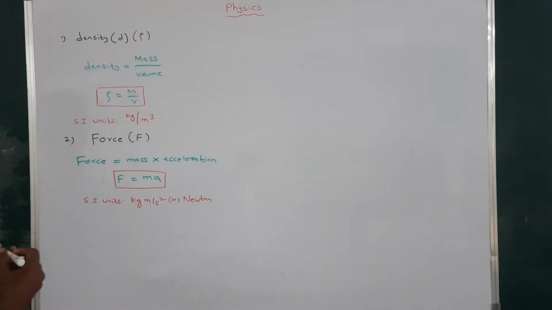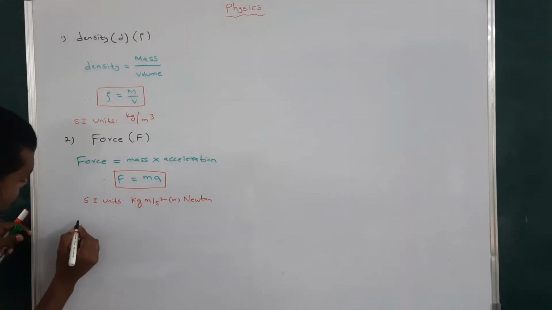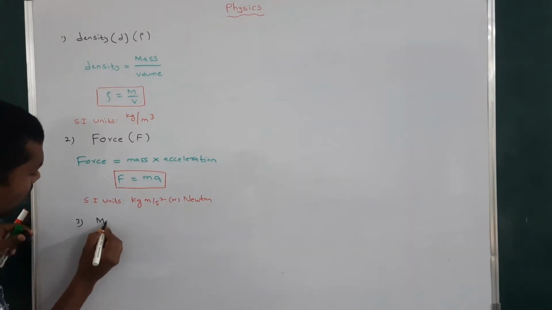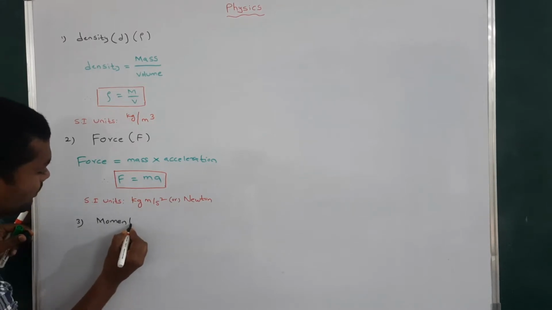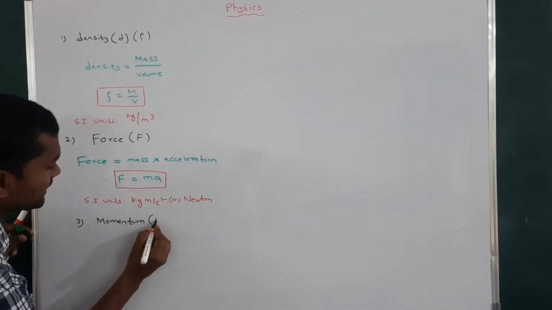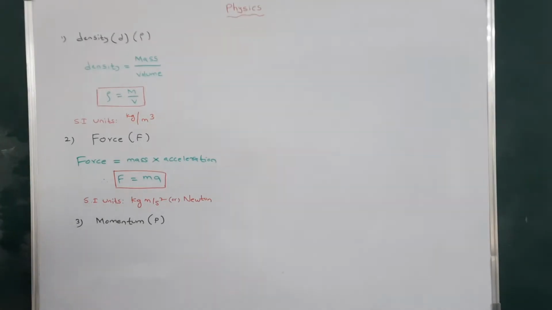And next, the third physical quantity is momentum. It will be represented by P. Now we can write the formula.